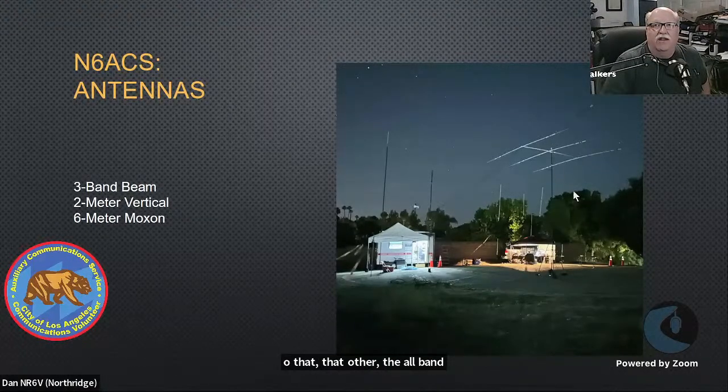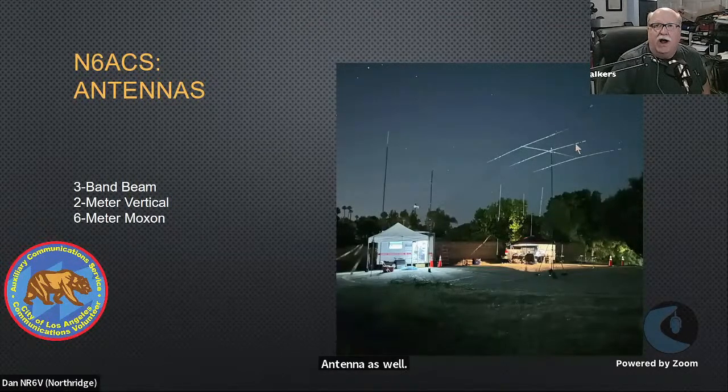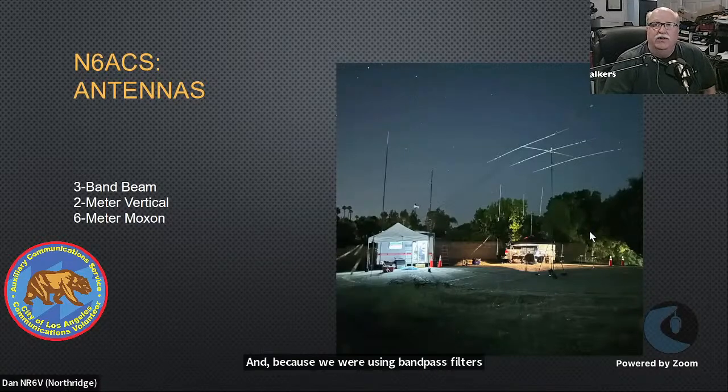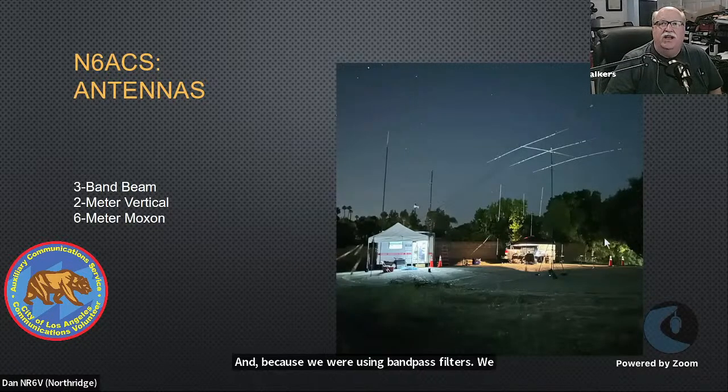Okay, so the beam, I don't know the manufacturer of the beam, but you can see there are traps here on the elements, and it's a 3-band 10, 15, 20, I believe, and because we were using bandpass filters, we could use those simultaneously.